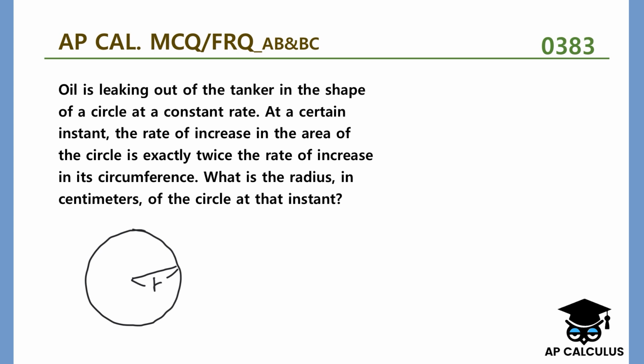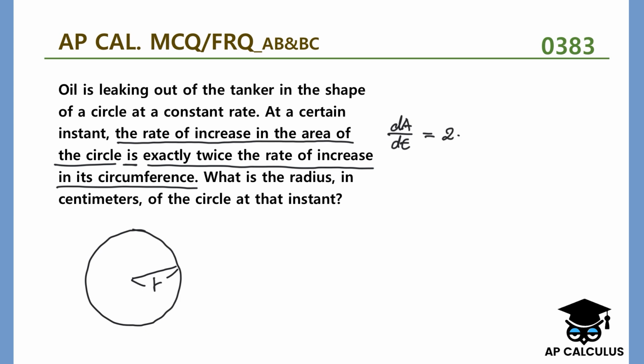Then it says the rate of increase in the area of the circle is exactly twice the rate of increase in its circumference. This means dA over dt, change in area with respect to time t, is equal to 2 times dC over dt, circumference C. This is given.